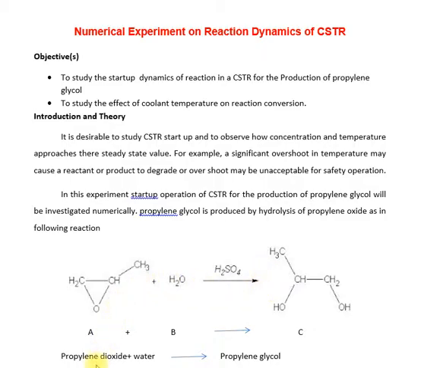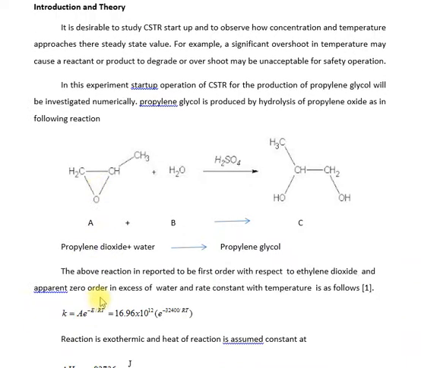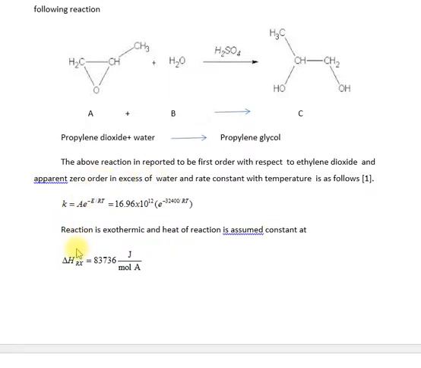You react propylene oxide with water, and it gives you propylene glycol. We know the kinetics of this reaction is first order. The rate constant as a function of temperature is given to you, the expression, and this is an exothermic reaction, so the heat of reaction is also given.